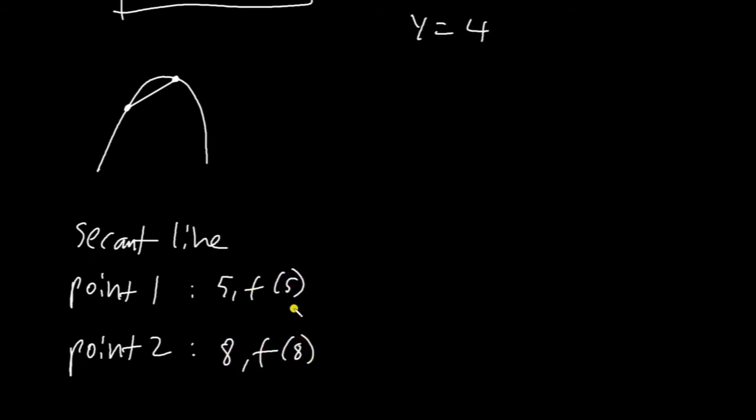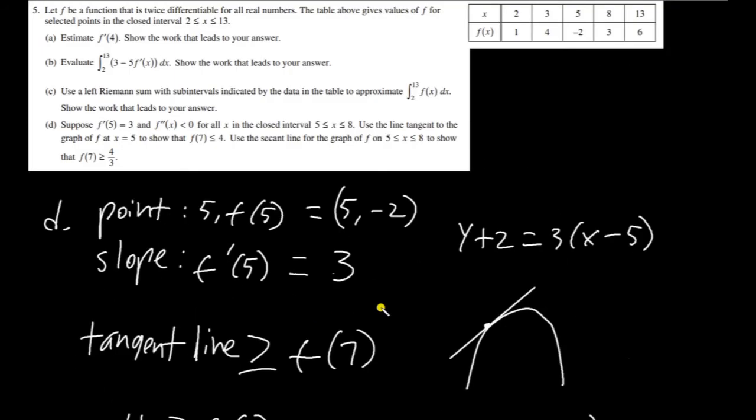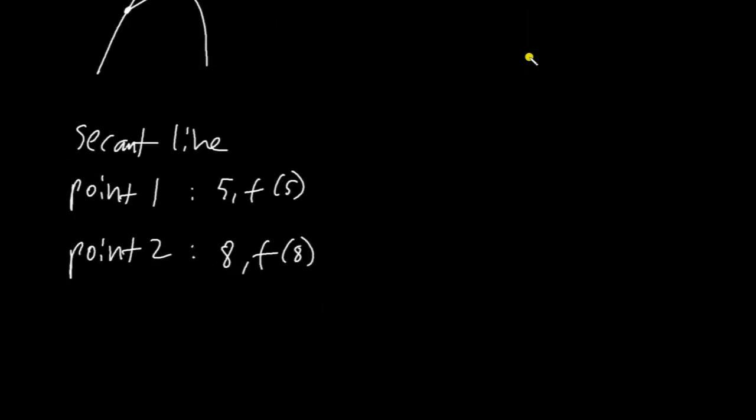What's f of 5 and f of 8? We have this convenient table of points, where f of 5 is negative 2 and f of 8 is 3. So this will be 5, comma negative 2, and this will be 8, comma 3.